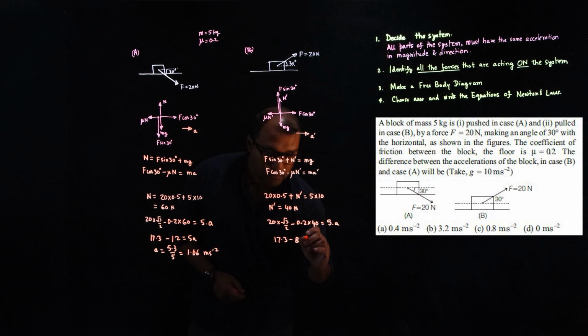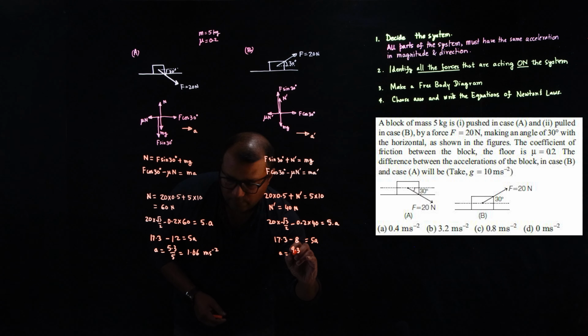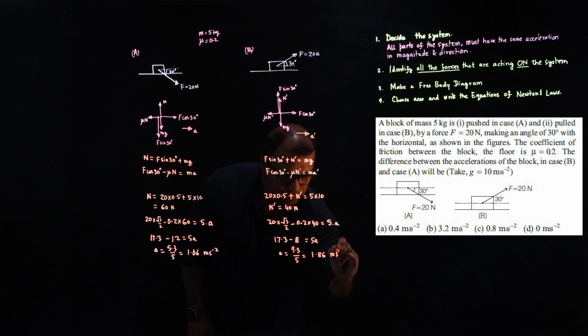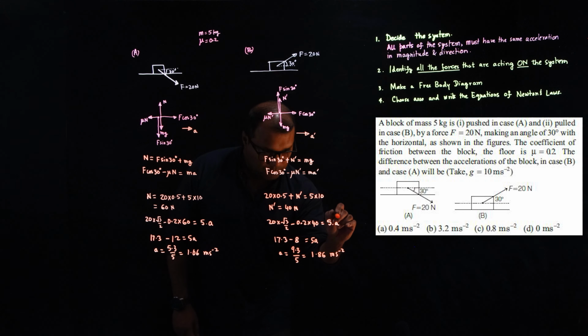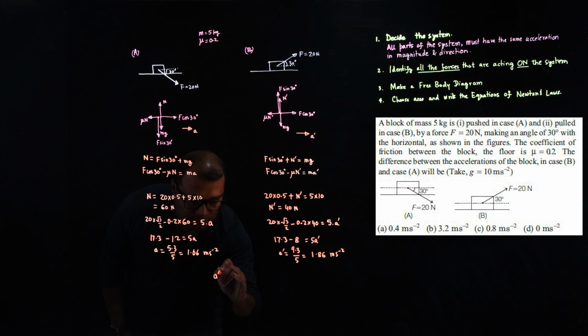Coming back here, this is equal to 5A, or A equals 9.3 divided by 5, which is 1.86 meter per second square. In fact, I should have written A dashed here. So we have to find A dashed minus A, which is 1.86 minus 1.06, which is 0.8 meter per second square. So the answer is option C.